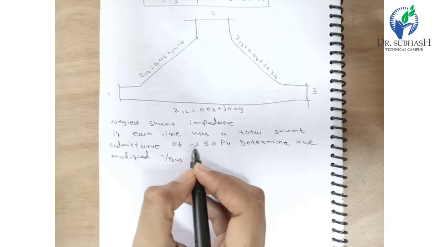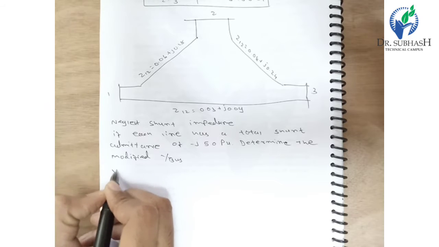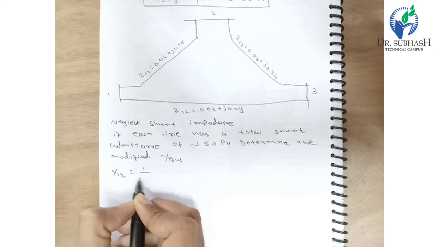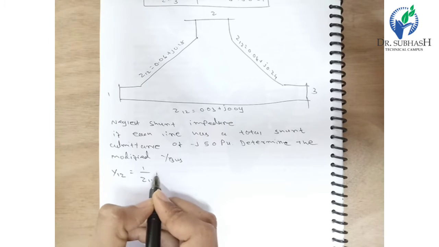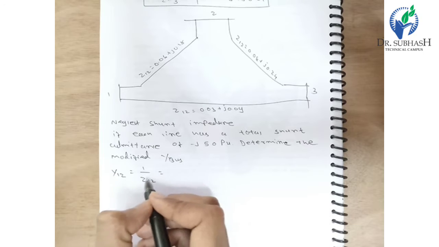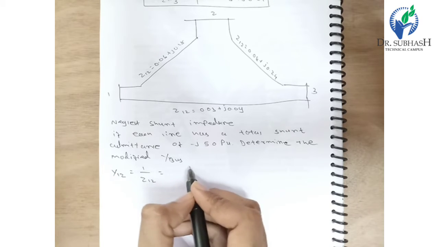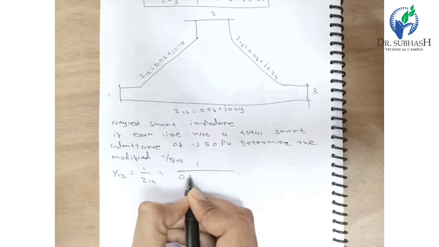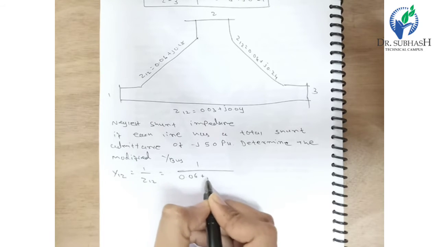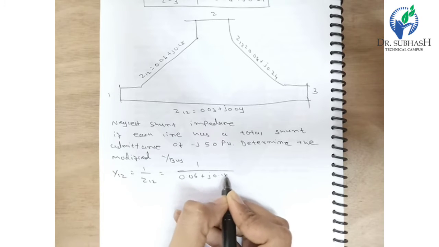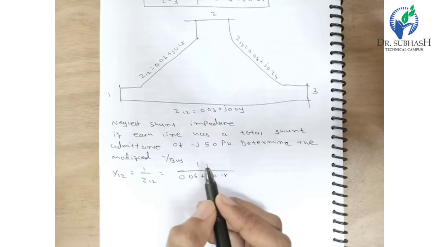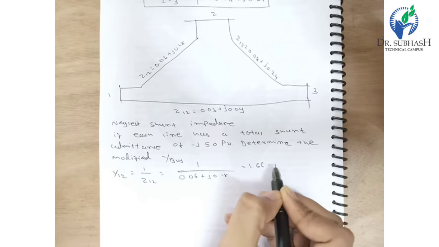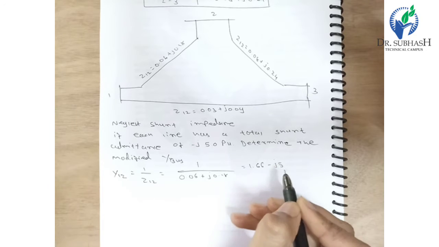Now for the admittance of Y12 is equal to 1 upon Z12. The value of Z12 is given as 0.06 plus j into 0.18. So the output of admittance Y12 is 1.66 minus j into 5.